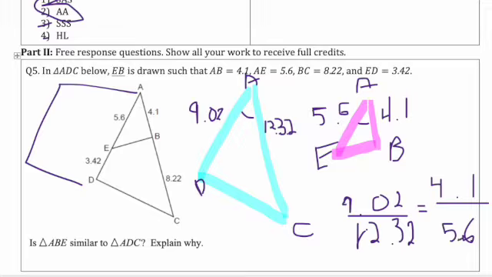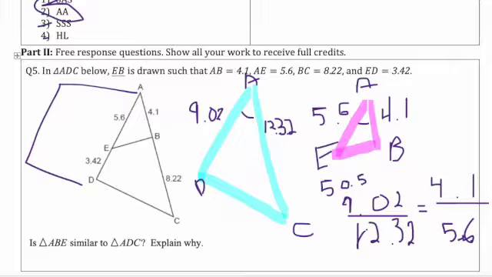Okay, so I cross multiply, and we have 9.02 times 5.6, and that's 50.5. Okay, and then we can cross multiply 12.32 times 4.1.